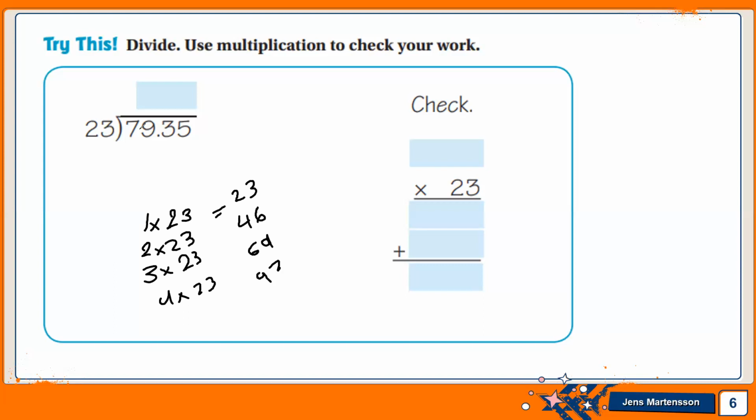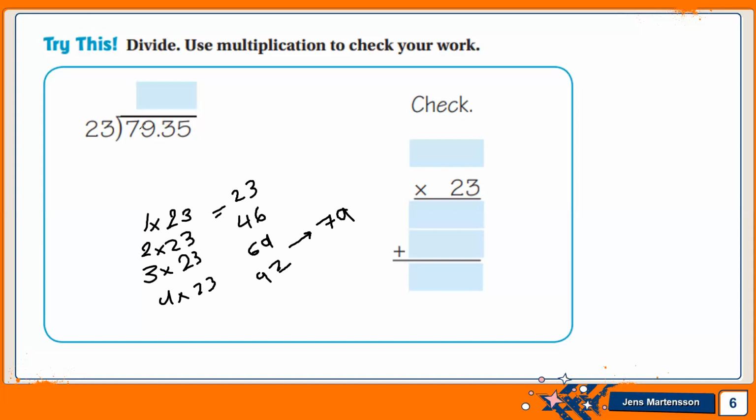Now, where is 79? Is it between 23 and 46, or between 46 and 69, or between 69 and 92? Bravo, between 69 and 92.